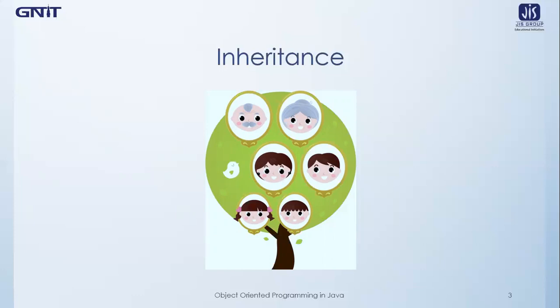That means the code written in one class can be reused inside another class which inherits that class. This is very efficient because you don't need to write the same code again and again. You can use the code written in one class in many other classes if you implement the concept of inheritance.